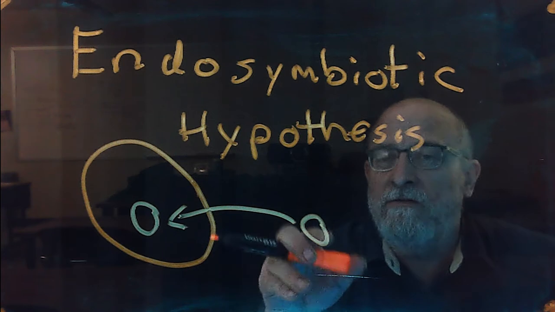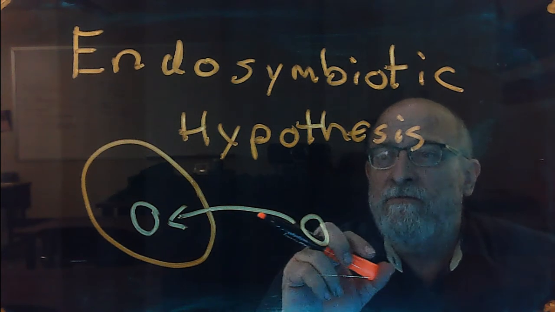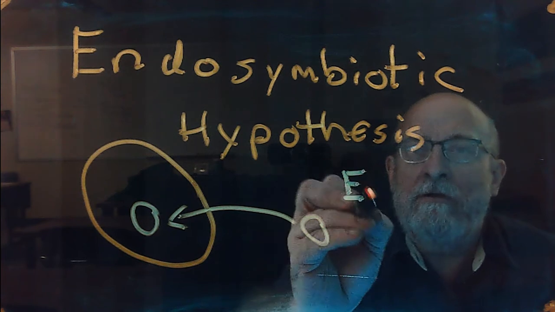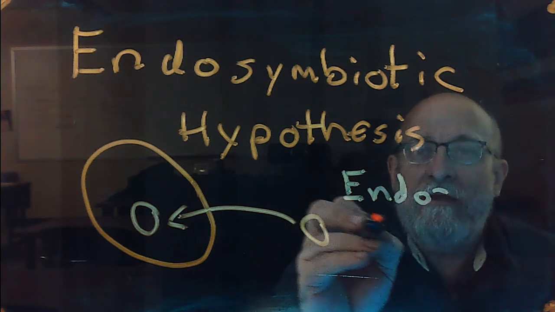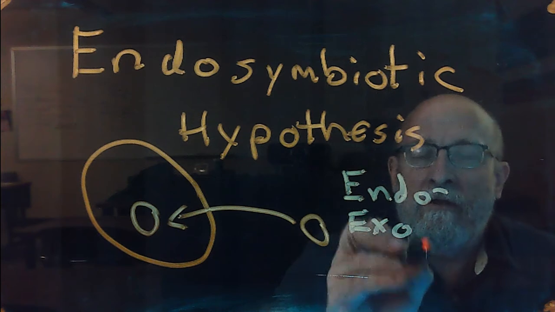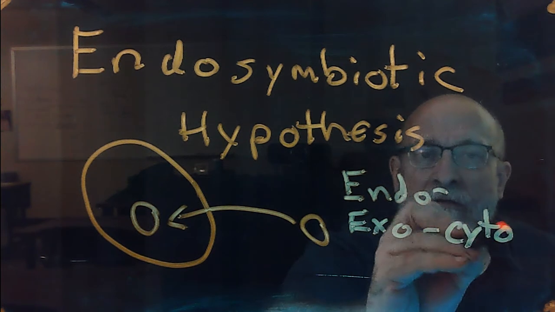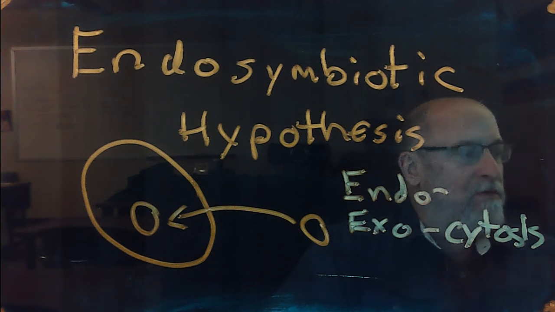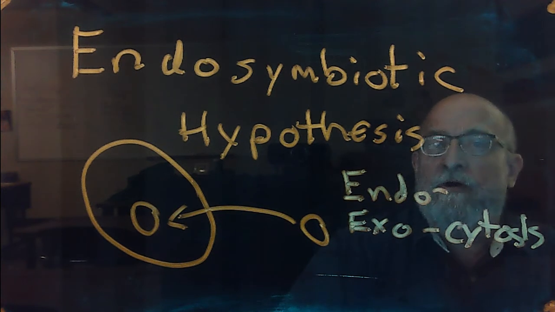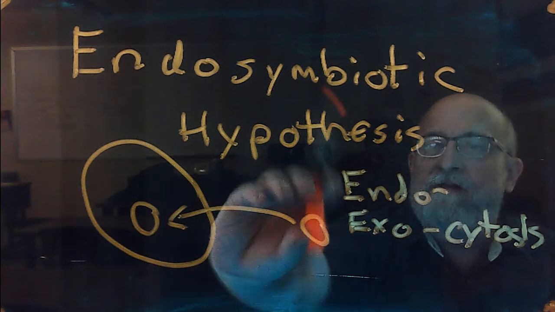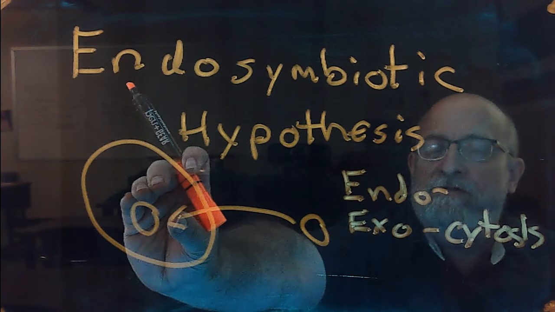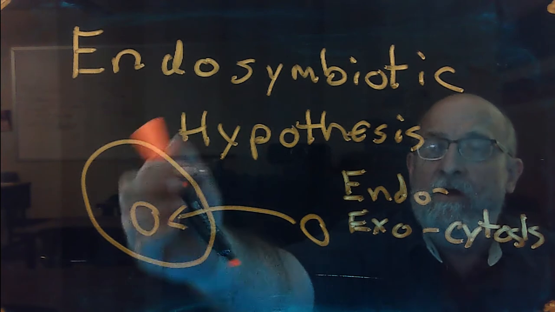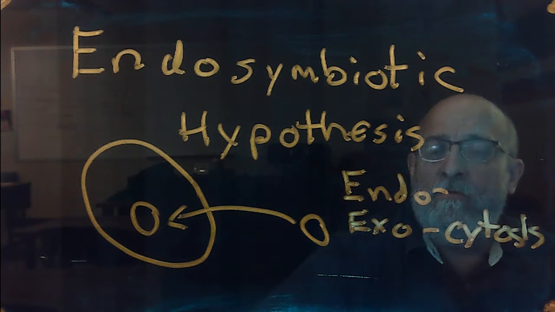Now there are two processes that we are going to learn very soon in upcoming videos called Endocytosis and Exocytosis. All right, and Endo and Exocytosis are the process of the cell bringing in large things or large groups of things into the cell all at once, or expelling them all at once.